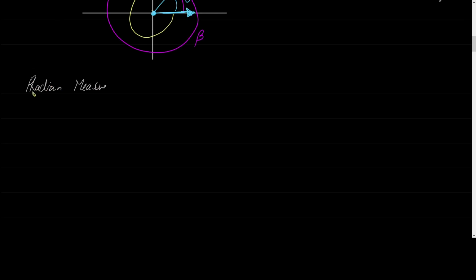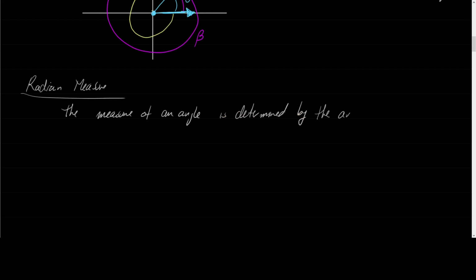The measure of an angle is determined by the amount of rotation from the initial side to the terminal side.